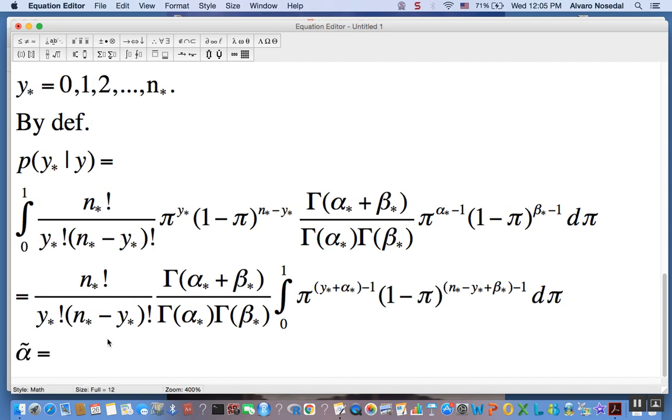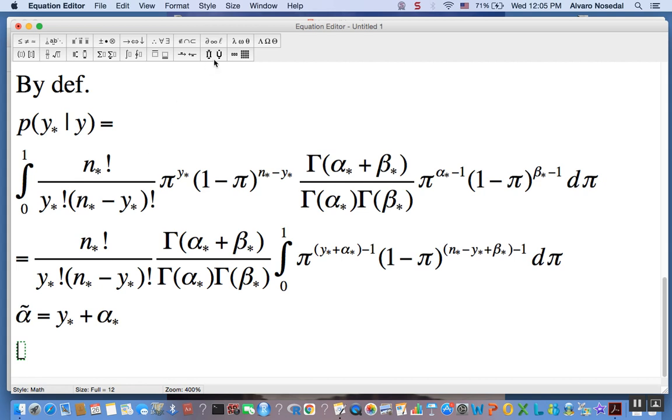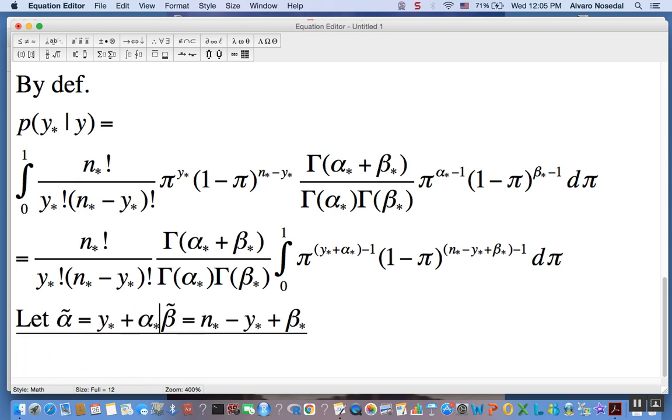So I'm going to define alpha tilde as this, y star plus alpha star. Okay, and I'm going to define beta tilde like this. It is going to be n star minus y star plus beta star. Okay. So let alpha tilde be that. Let beta tilde be this. Right.